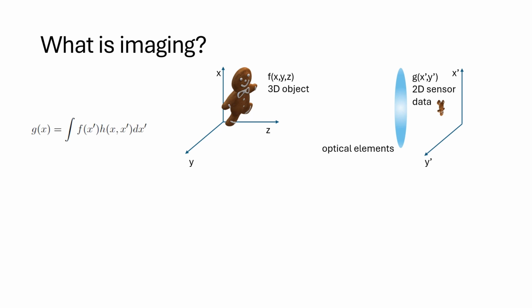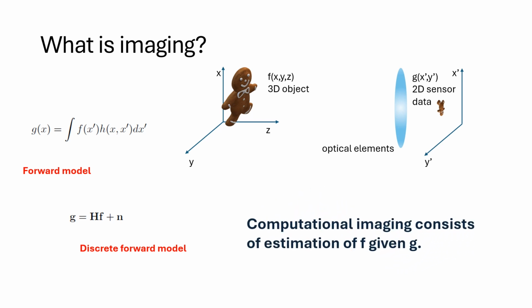We represent this system with a forward model that can be initially described by an integration, but ultimately we turn the forward model into a discrete forward model where we have a vector of terms describing the object that gets mapped into a discrete set of measurements, and of course noise is involved in this process. Computational imaging consists of the estimation of f given g. So we're going to start figuring out how to do that.